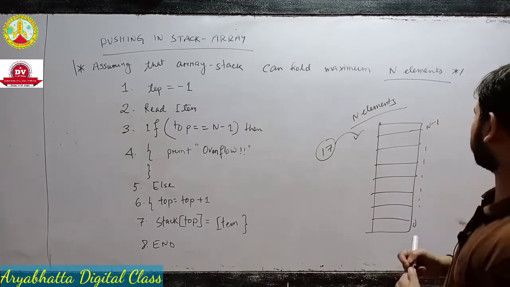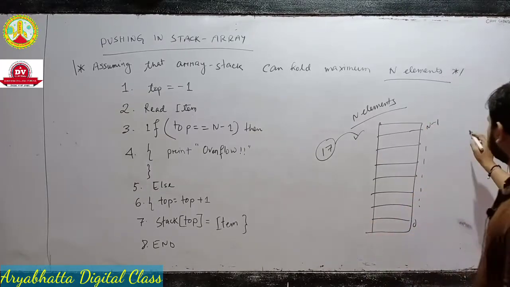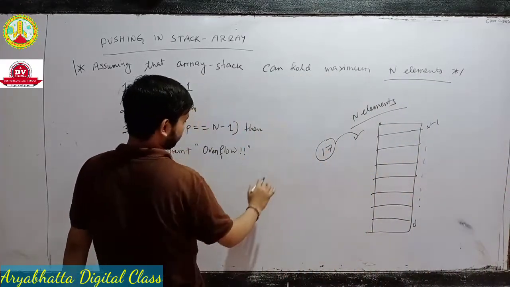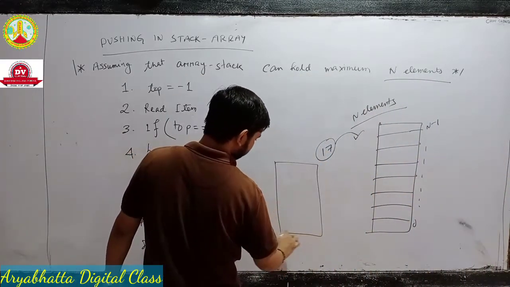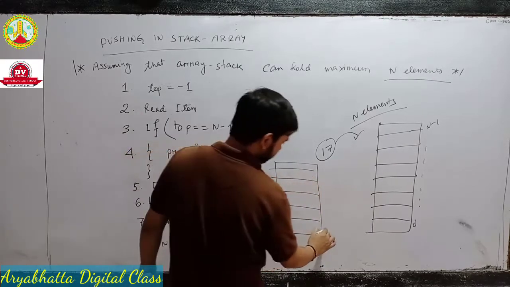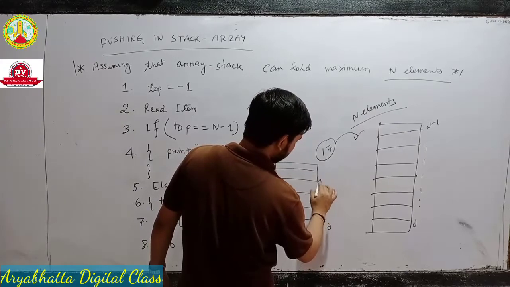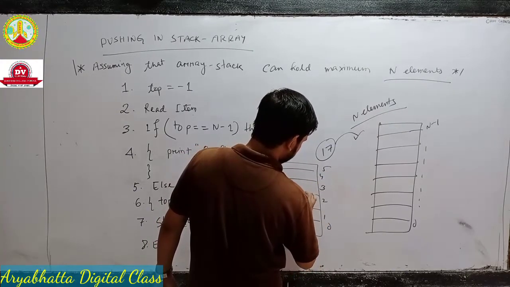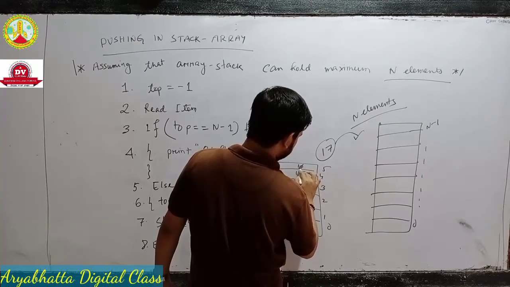And if your stack is like that, suppose this is the stack, with indices 0, 1, 2, 3, 4, 5 and elements 11, 12, 13, 14, 15, 16.